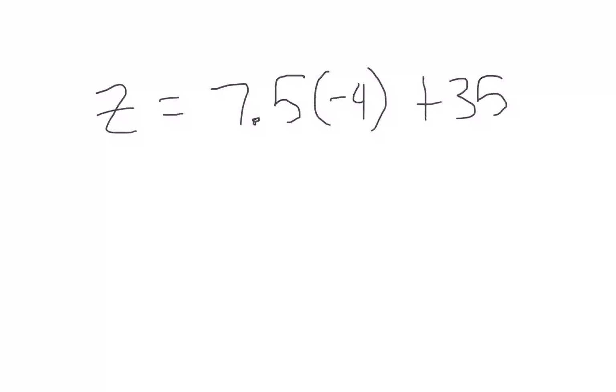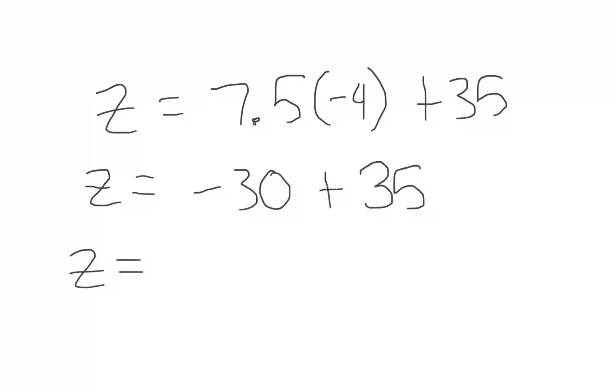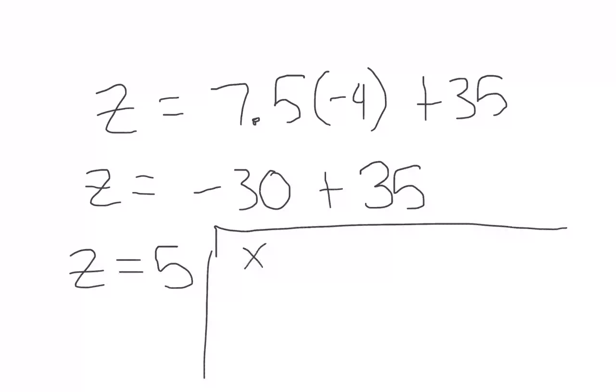So from here we know that z equals 7.5y plus 35, but instead of writing y, since we found that was negative 4, I'm going to plug that in. So z will equal negative 30 plus 35, or z will equal 5. And if we go back to the very original equation, I still need to find x, so I know that x equals 5y minus z plus 23.